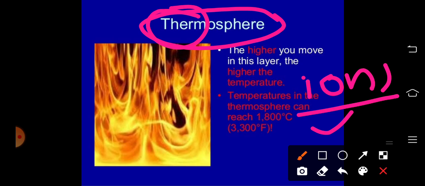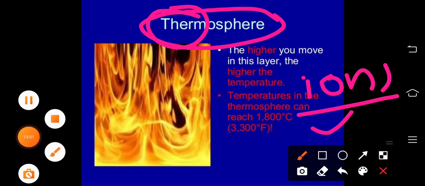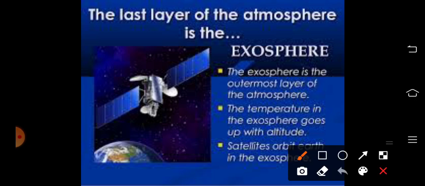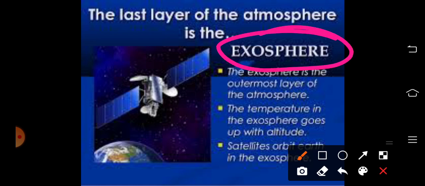So this is a very important layer, the thermosphere. Shall we move on to the last layer? Fine. Yes, the last, or uppermost, layer of the atmosphere is known as the exosphere. An important thing about this layer is that the temperature goes up with altitude, and a very limited amount of gases is present.